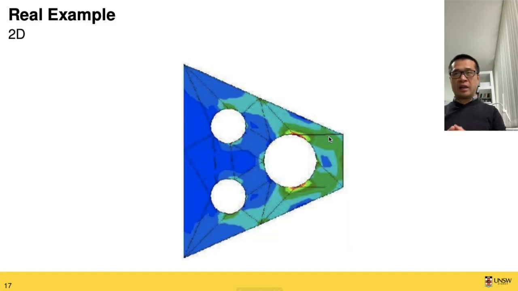You can also have things in the two-dimensional case, and as you can see here, they divided this irregular shape with a circle inside into different triangles. That's the process of discretizing a 2D structure.